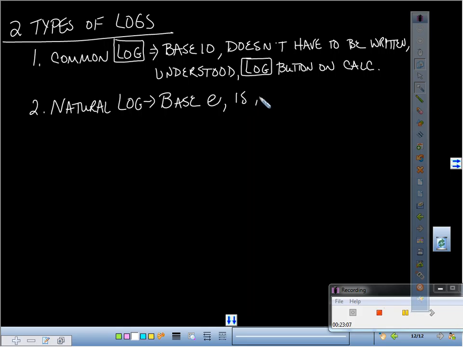It is not written. It is the LN button on my calculator.